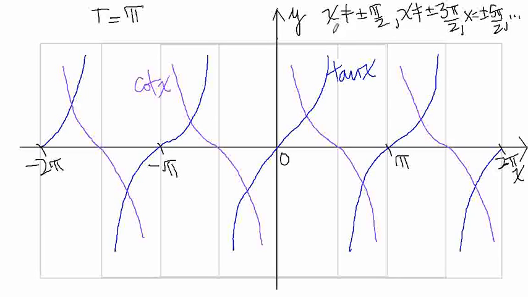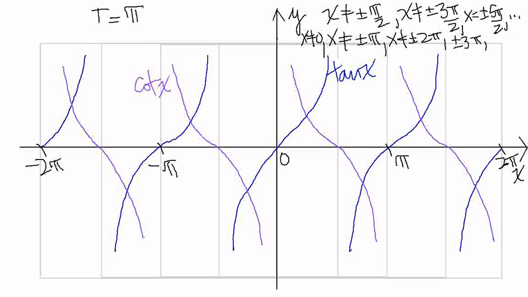So for the cotangent function, we say that the domain is all x values except for plus or minus pi, plus or minus 2 pi, plus or minus 3 pi, and also 0. So we have to exclude 0 from the domain of the cotangent.